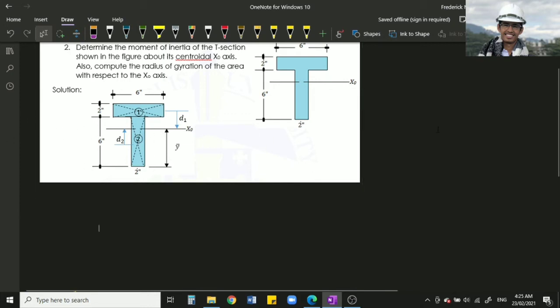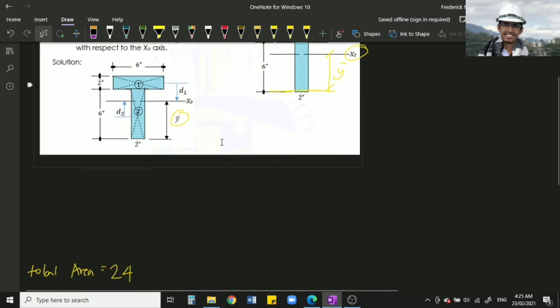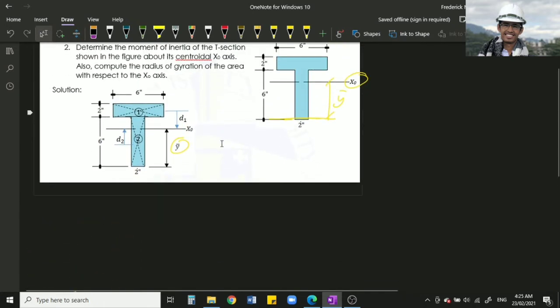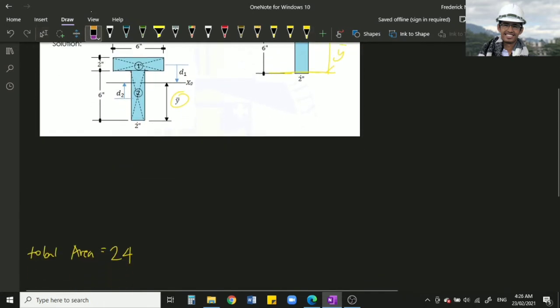Its centroidal axis is here. So we first need to get its bar y before we can get its moment of inertia. For bar y, we will reference from the bottom. So this is its bar y. So the first thing we will do is get its bar y.